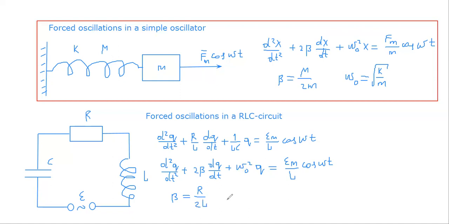And omega 0 is equal to 1 divided by square root of LC.